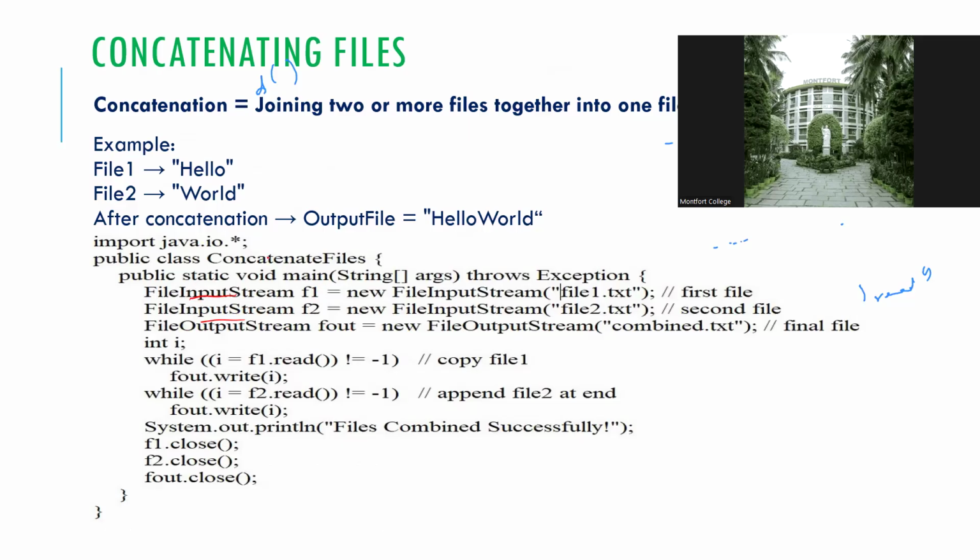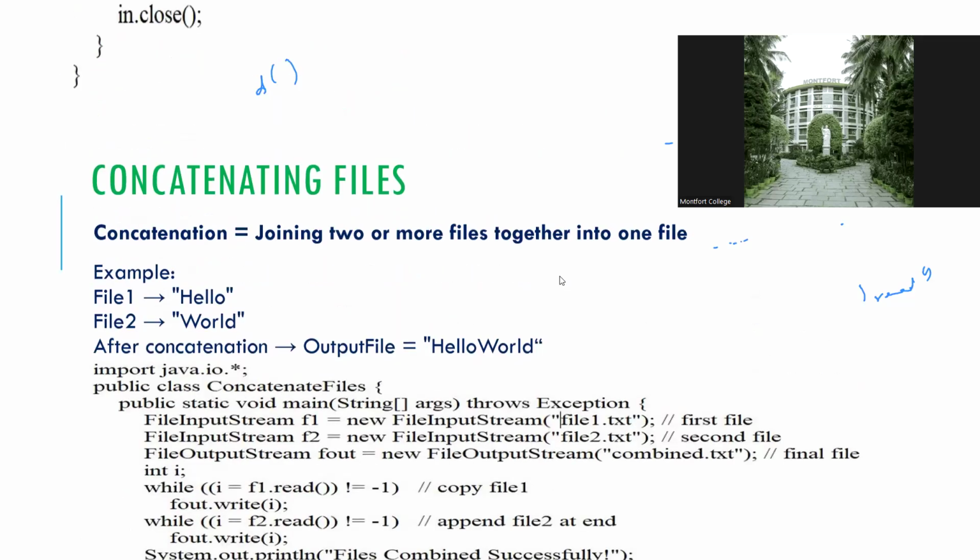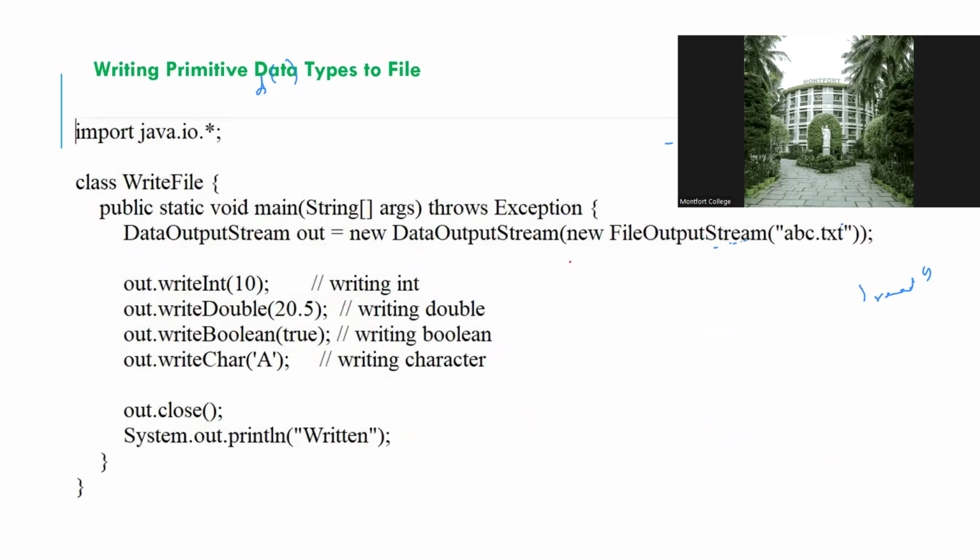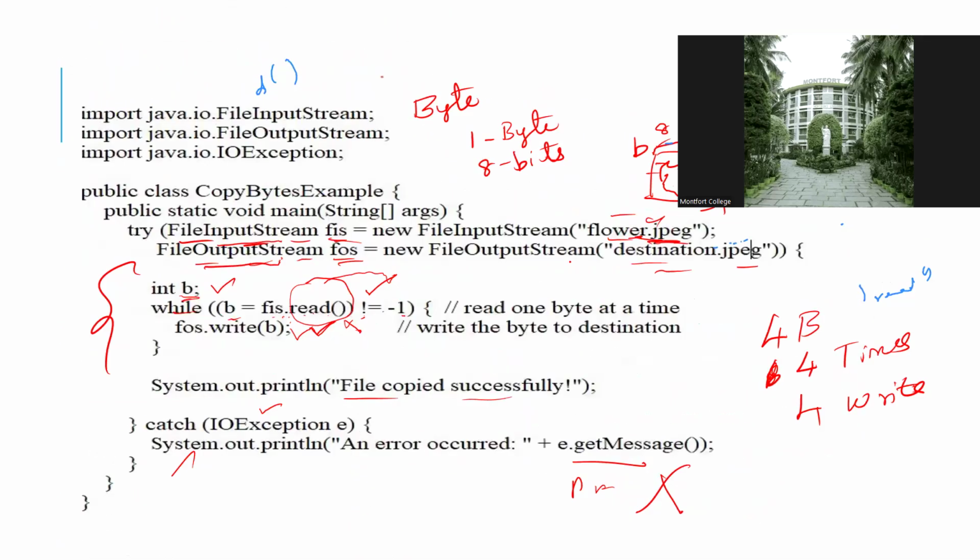Concatenation of two files means, you see, I have text only in it. Text only means FileInputStream, which takes, if you go back, the data. If you have any images, I have told you.